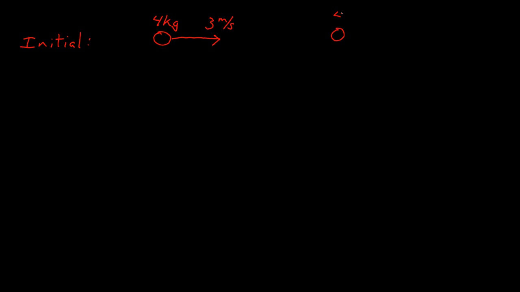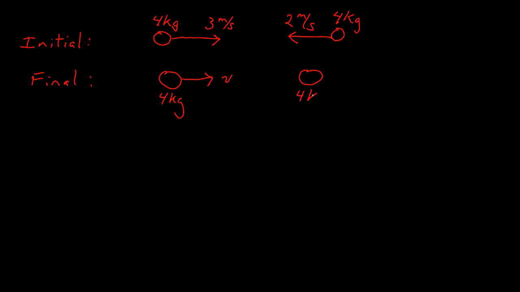For simplicity, I'll let it be 4 kilograms as well, but this one's going to be moving to the left at, say, 2 meters per second. Okay, that's my initial. Now, after the collision, I have my final configuration. Masses are still the same, both 4 kilograms. This one now is moving to the right at some unknown velocity v, which I'm going to find out. And the other mass will now be moving to the right, but it's down to 1 meter per second.